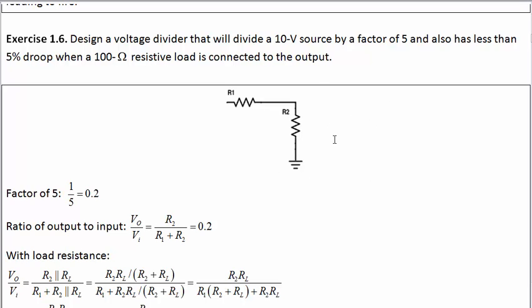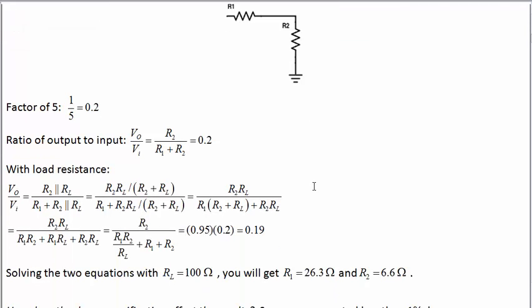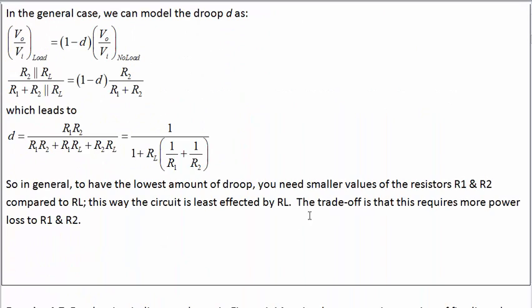So in other words, you want the resistor here to be very large compared to these resistors. But the trade-off to that is that your voltage divider is going to be draining more power if it's got lower resistors to do the same thing. So it's not necessarily the best circuit to use as a steady supply. We're going to see some more advanced circuits later on that get around this problem.